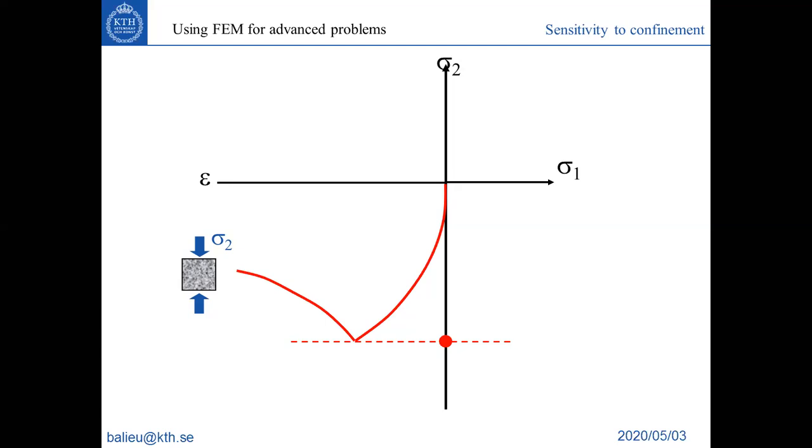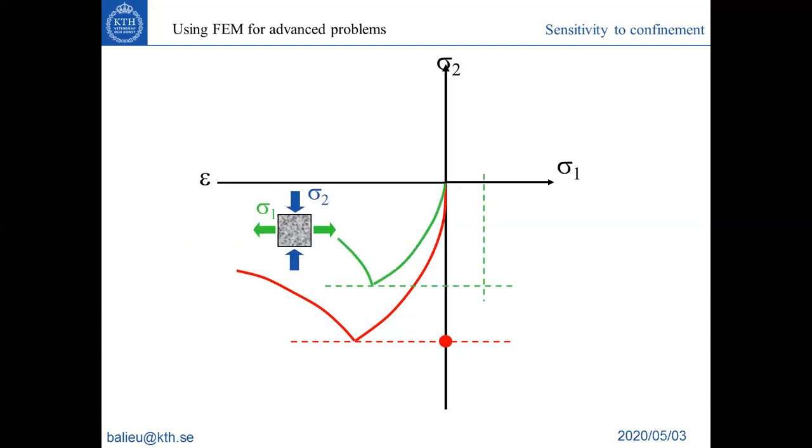Now, let's say you have compression according to the second direction and a little bit of tension according to the first direction. What does that mean? That means you now have this point here, so your yield stress here, which is around here. It's a combination of sigma 2 and sigma 1. So it's no longer on this axis because sigma 1 is different from 0. So you have here your yield stress.